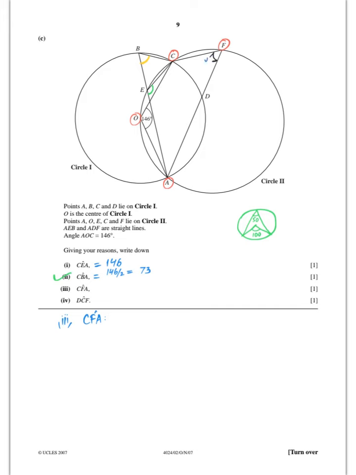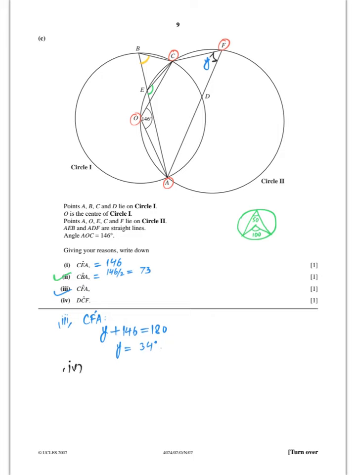Let's suppose this angle F is Y. We can say that Y plus 146 is equal to 180. That is the condition of a cyclic quadrilateral. So Y is equal to 180 minus 146, which leads to 34 degrees. That is your third part answer.